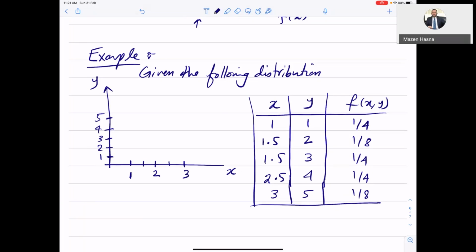So x is 1 and y is 1, we have 1/4. When x is 1.5 and y is 2, we have 1/8.